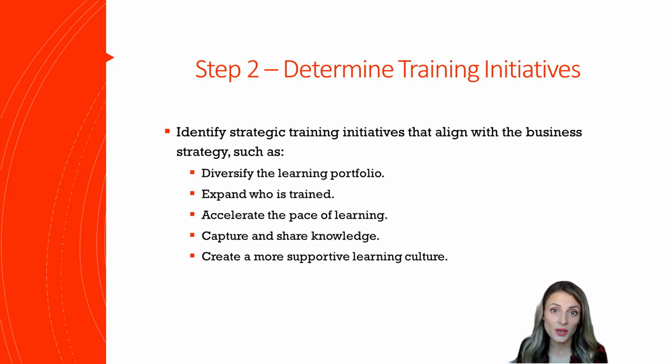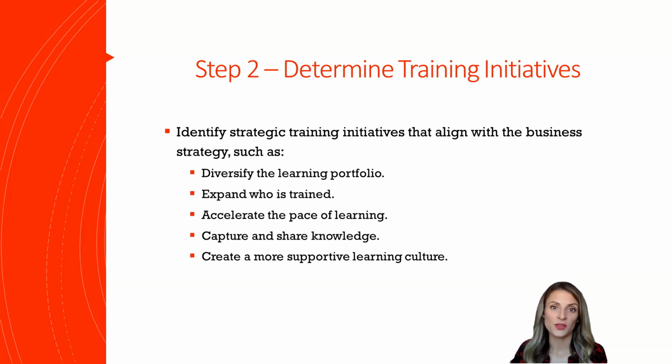Still others might choose to focus on the learning culture and do more to ensure the organization and the work environment supports both learning and transfer of training. Some companies might choose 1 or 2 of these initiatives, while other companies may focus on these and more. It just depends on the organization.